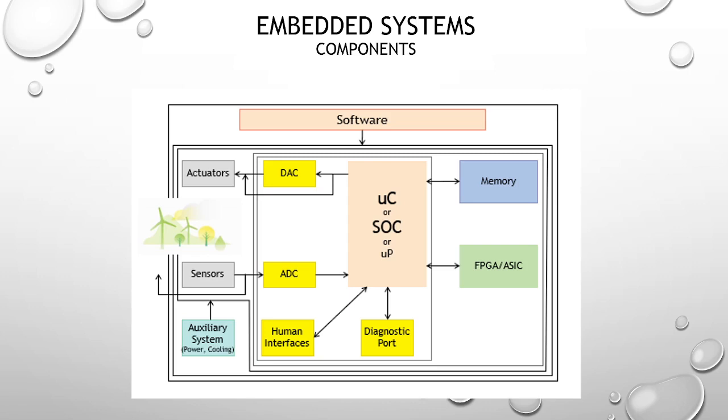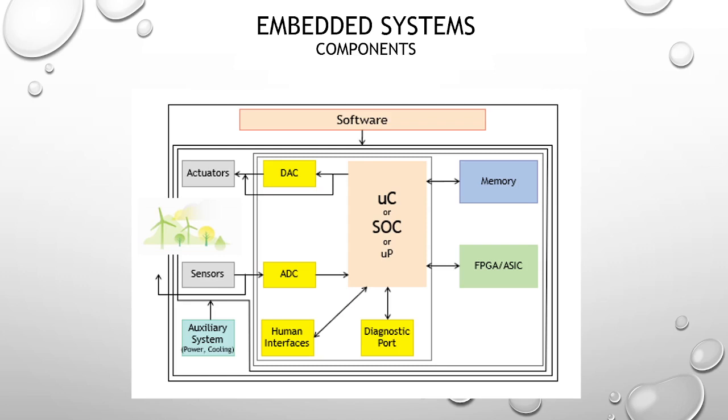It also has a human interface to interact with the human or the external environment. Embedded systems require some inputs from the external environment, and some inputs and outputs to interface with humans and the environment.